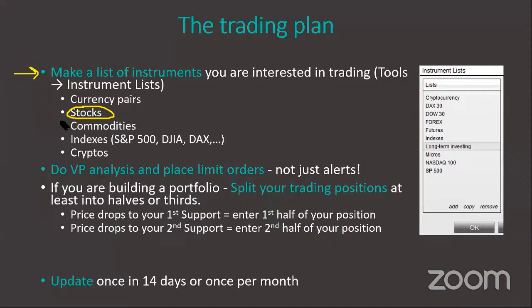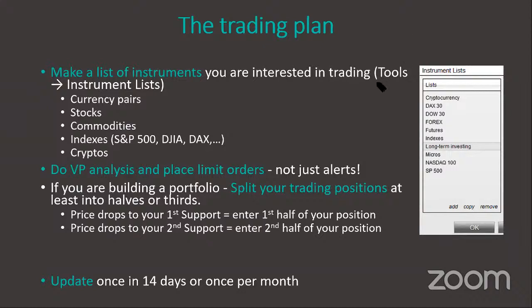If you guys are stock traders, then you create a list of stocks, let's say 30 or 50 stocks you are interested in trading. It could also be currency pairs, commodities, indices, cryptos. You can combine all that, just create a huge list, let's say 30 or 50 trading instruments, and you save it.